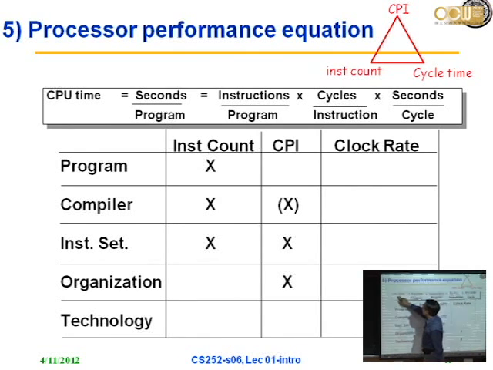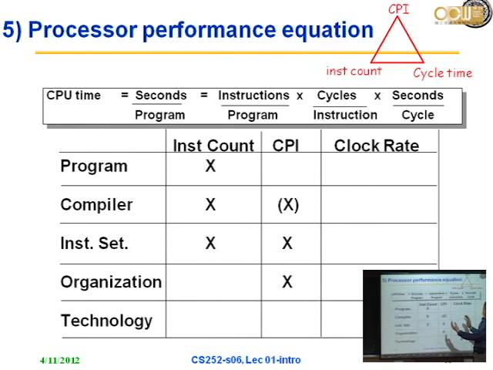So you want to improve processor performance. In other words, you want to reduce CPU time. Then you can either reduce this term or this term or this term. How do you speed up cycle time, the clock rate? More advanced technology, circuit technology, IC technology, or deeper pipeline. How do you reduce the number of cycles per instruction?